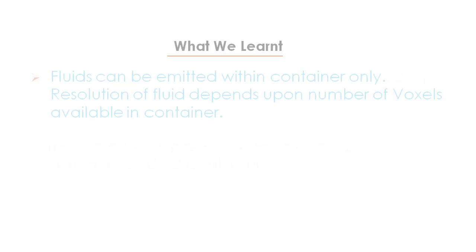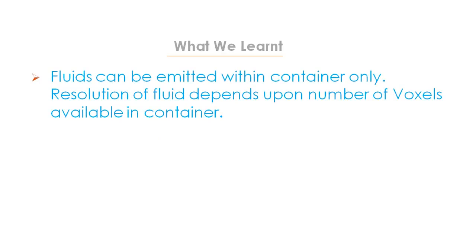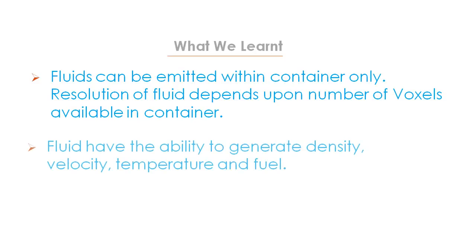Fluids can be generated within these containers only. Resolution of fluid depends upon the number of voxels available in that container. So a large number of voxels will result in good quality display of the fluid getting generated. Fluid has the ability to generate density, velocity, temperature, and fuel.